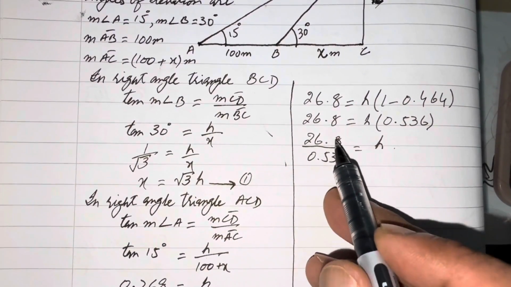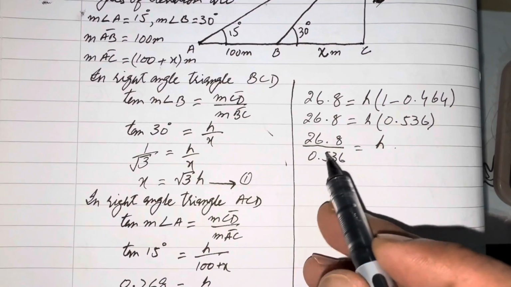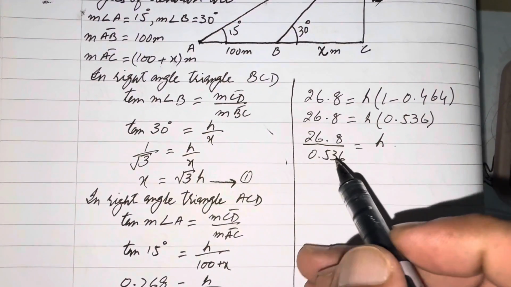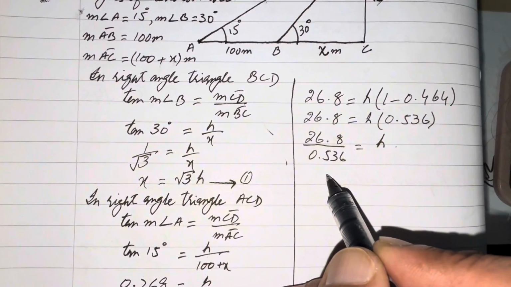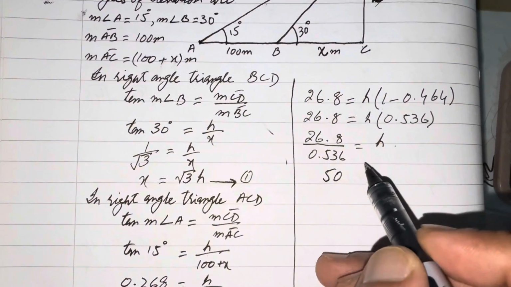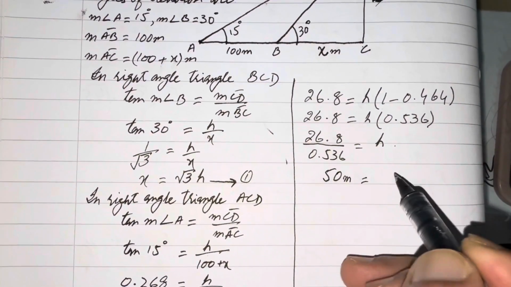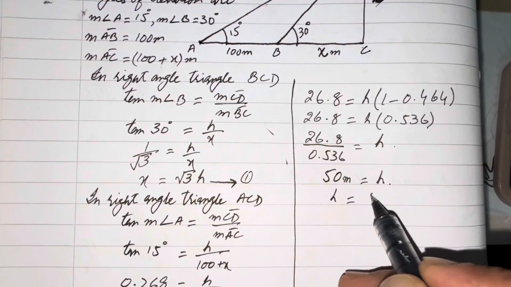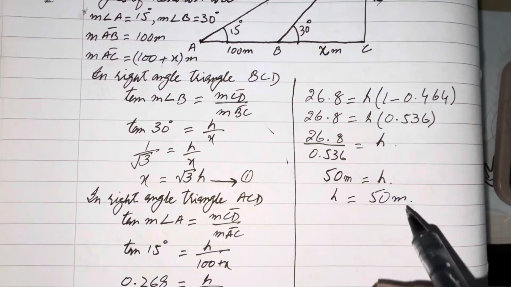If you divide these two values with the help of a calculator, you find that the answer is approximately 50 meters, so h is equal to 50 meters.